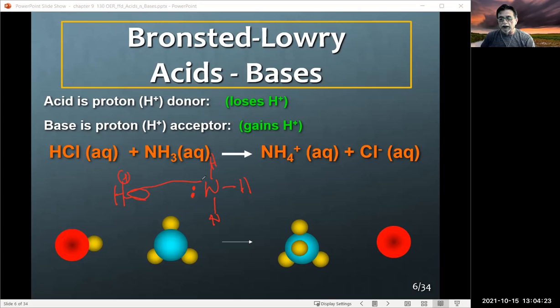And so the lone pair of the nitrogen can then bond in the empty orbital of the proton, forming the ammonium ion. See that? Okay, so here you have an example of a base that has nothing to do with hydroxide, but also is neutralizing that proton, interacting with it, okay?